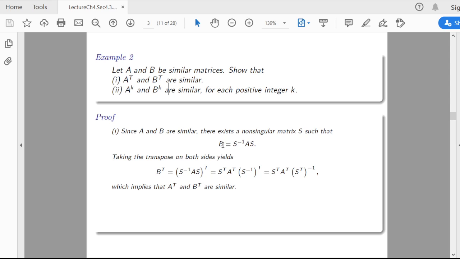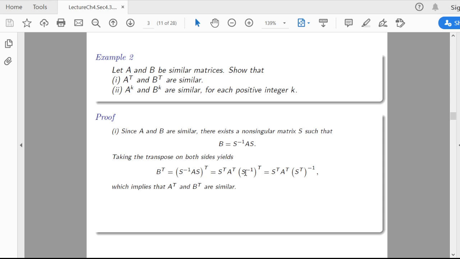The left side gives the transpose of B. The right side is the transpose of a product. How to calculate that? Based on our previous result, we take the transpose from the right side first, so that's S transpose, and then the middle A transpose, then the left one transpose.